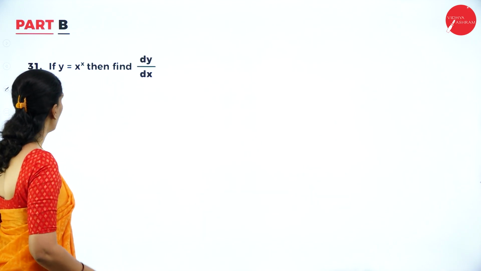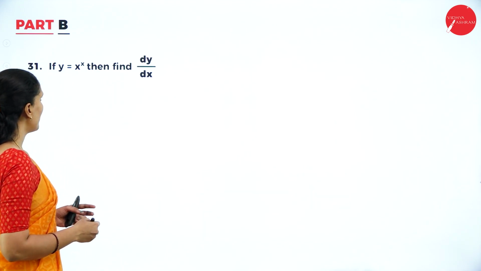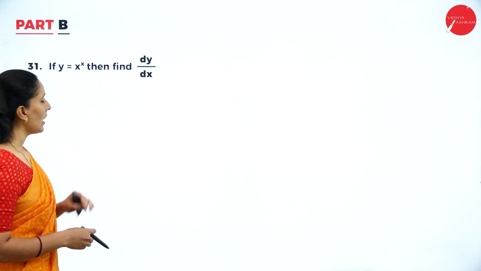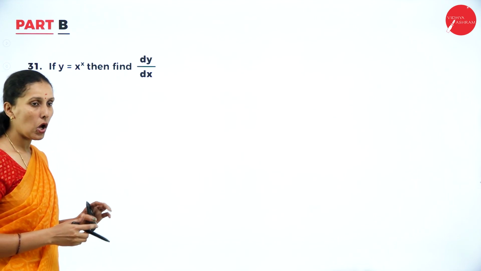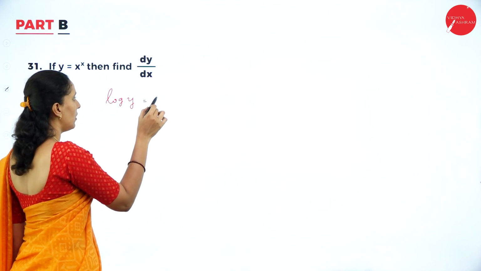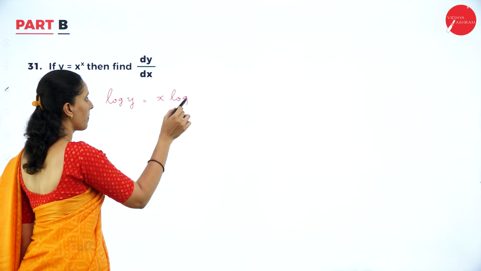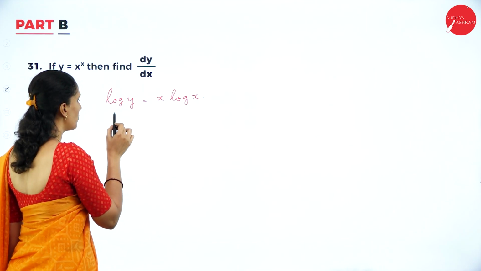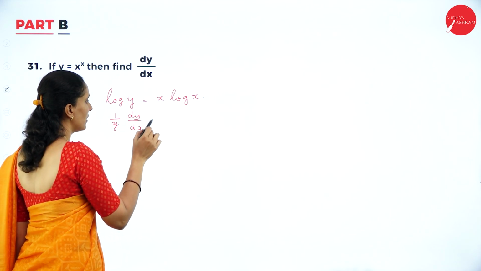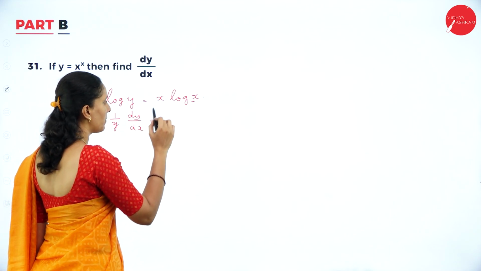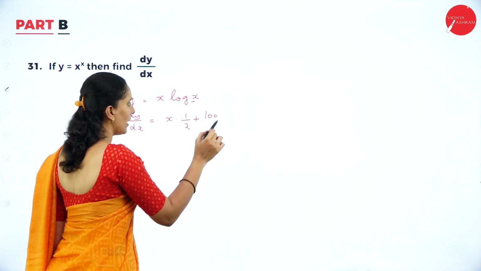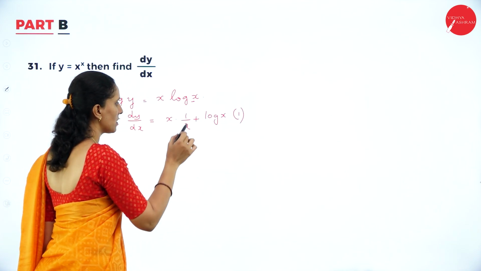Next, if y is equal to x power x, then find dy by dx. Clearly we have the variables in the power form, so we can apply log on both sides. We will get log y is equal to x log x. Let us differentiate this. We have 1 by y dy by dx is equal to, here let's use the product rule, first function into derivative of the second plus second function into derivative of the first.